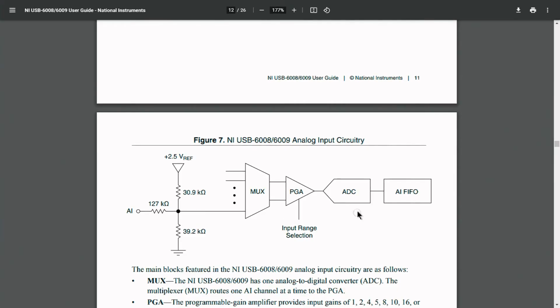The output of the PGA is connected to an ADC. In this case the ADC is a 12 bit analog to digital converter, which communicates to the microcontroller. AI means analog input first in first out device.